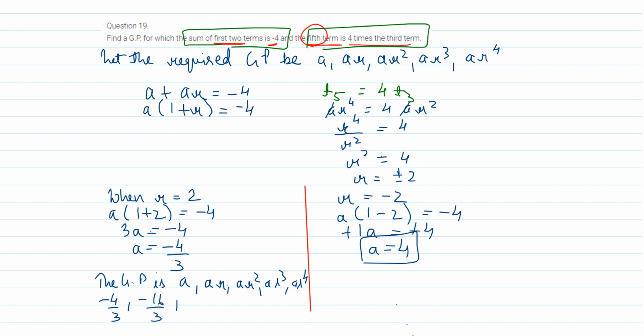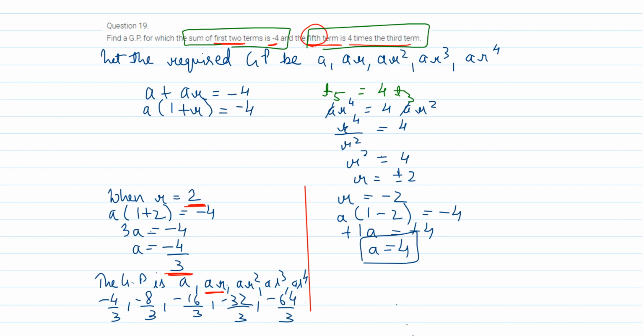Sorry, r is 2, I have to multiply that by 2, so ar is minus 4 upon 3 into 2, which gives minus 8 upon 3. Similarly, next I'll get minus 16 upon 3, then minus 32 upon 3, and lastly minus 64 upon 3.